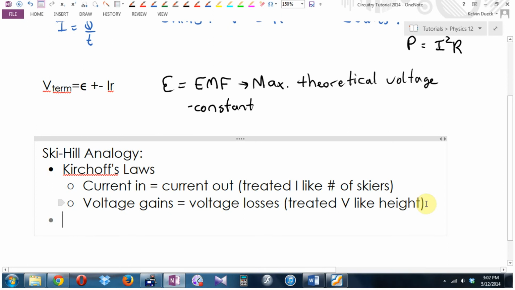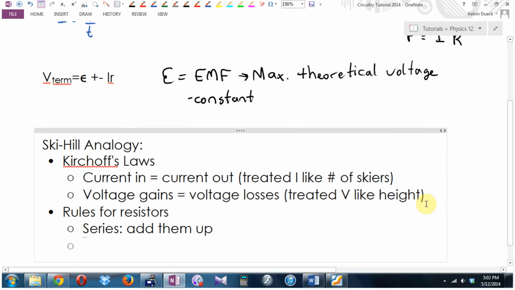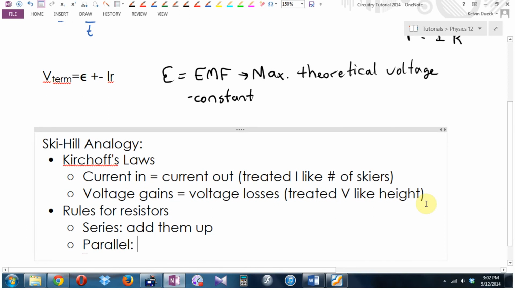Then the last thing we did was rules for resistors. Series, add them up. Parallel, we had that 1 over R equals 1 over the first plus 1 over the second plus, don't forget to take the reciprocal when you're done.